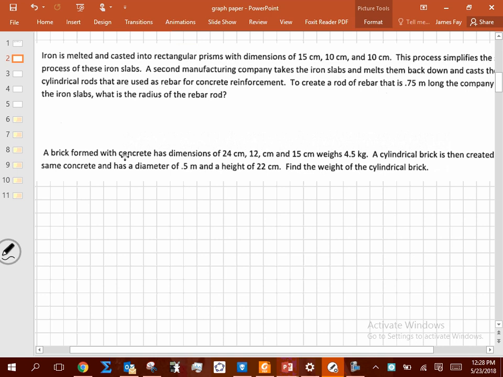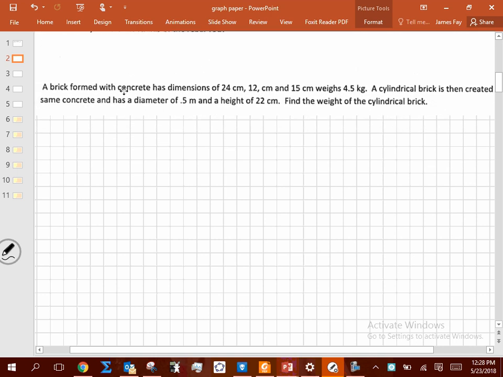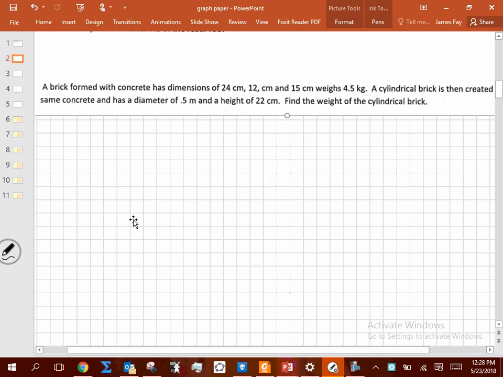I want to do the bottom question first here on that second page. Same concept. We've got a brick that is made to be 24 by 12 by 15.